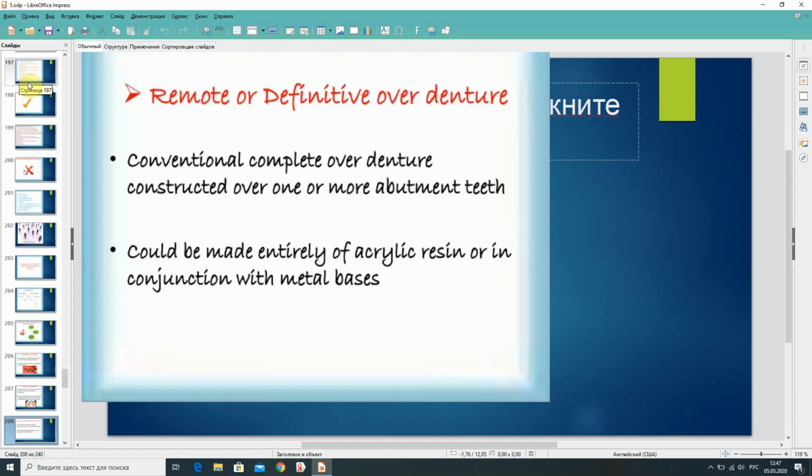Remote or definitive overdenture: conventional complete overdenture constructed over one or more abutment teeth, could be made entirely of acrylic resin or in conjunction with a metal base.